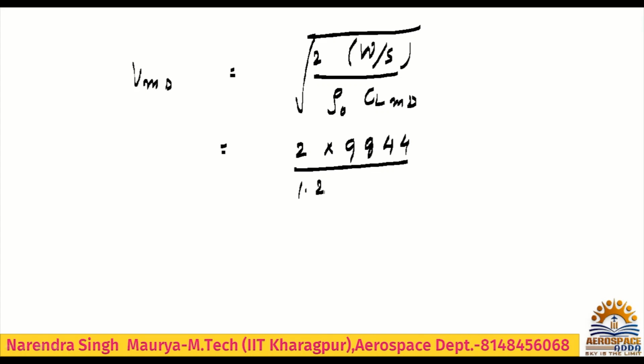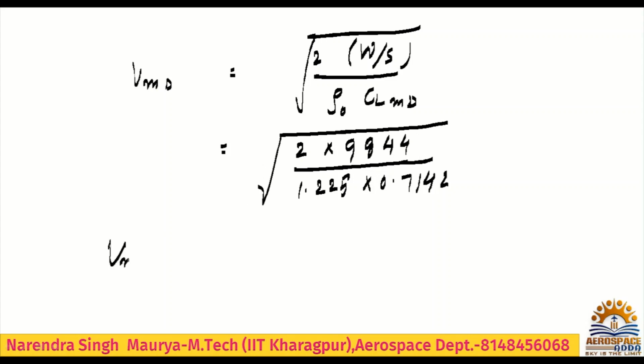Density, you know, 1.225 at sea level. Just now you have calculated how much it is, 0.7142, right? So you take root of it. If you do that, this value approximates to 150. You just perform the calculation.